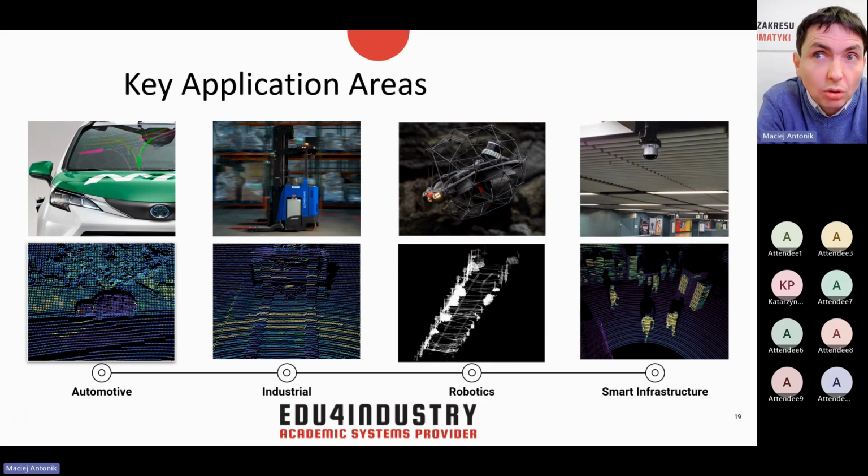And this is one of the reasons why lidars are very popular in a number of applications all around the world. Historically, they were first used in the most typical place where you could think of them: automotive, cars, and different types of robots like industrial robots, research robots, and other robots that need to move around. In recent years, we see a big surge in interest in using those lidars also in new types of applications, which are smart cities or smart infrastructure.